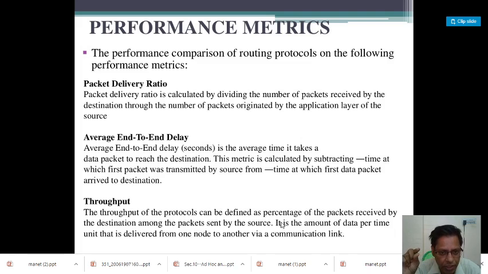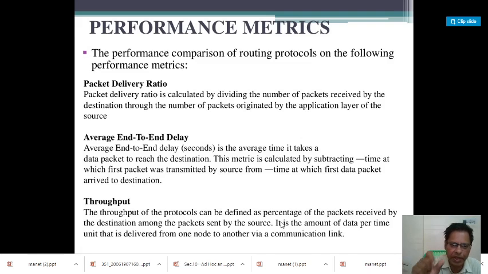This metric is calculated by subtracting the time at which the first packet was transmitted by the source from the time at which the first data packet arrived at the destination.